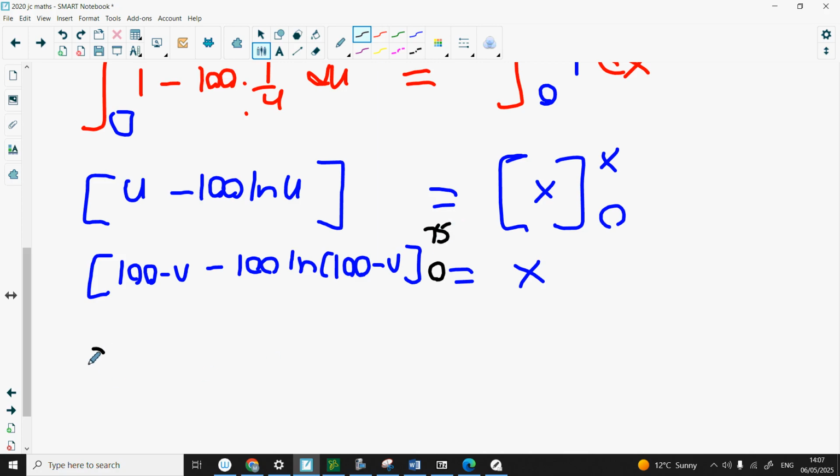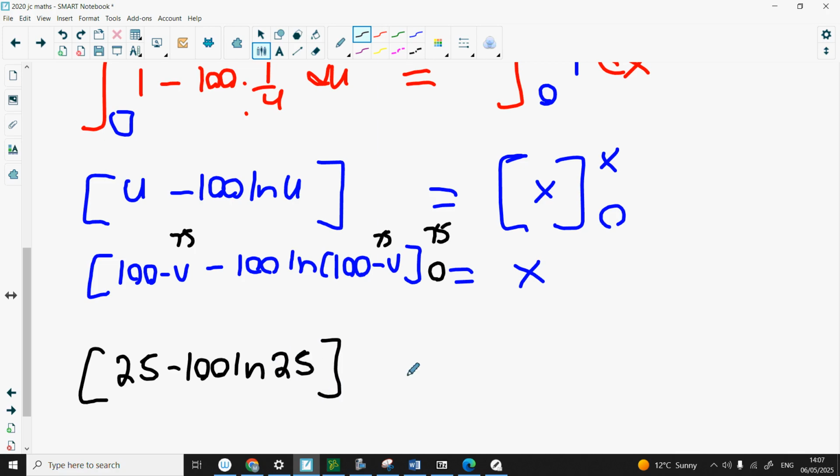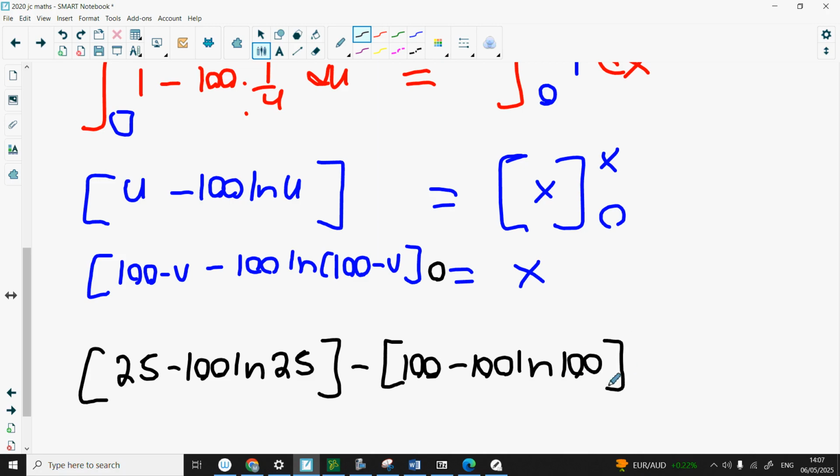So that's going to be annoying. So I'm just going to put 75s here initially. So that's going to be 100 take away 75 is 25 minus 100 ln 25, take away, and this time it's going to be zeros, so it's going to be 100 minus 100 ln 100.